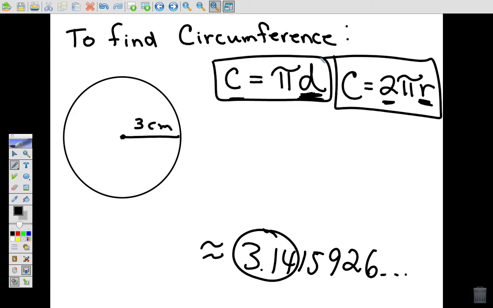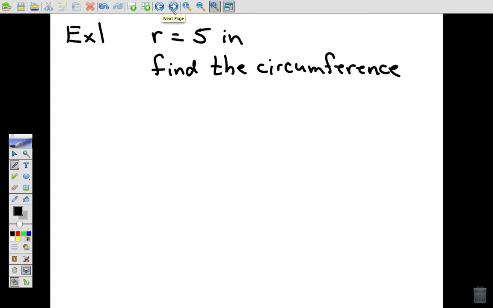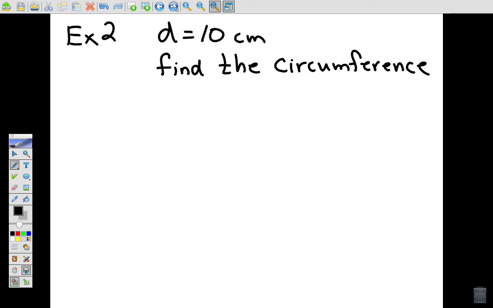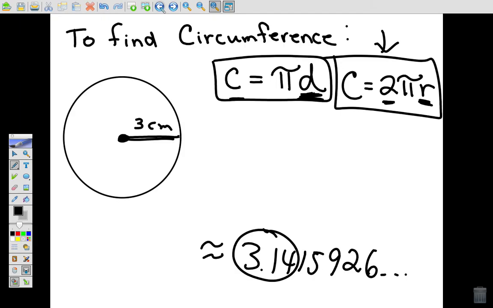I'd suggest that if they give you the radius, like in this example, use this one. If they give you the diameter, I'd use pi times d. But if you're given the diameter, you can also cut that in half and use the radius formula, however you want to do that.